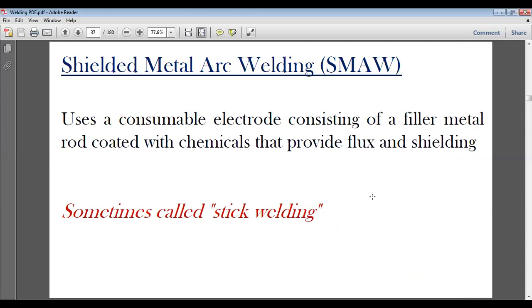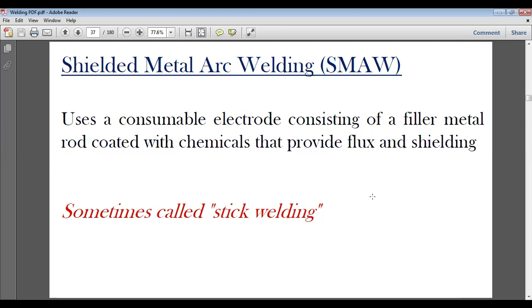So how is this shielded? We use a consumable electrode consisting of a filler metal rod coated with chemicals that provide flux and shielding. So rather than separately using a filler metal, we are using the electrode as filler metal, and the electrode melts and provides a third metal between the two parent metals, number one.